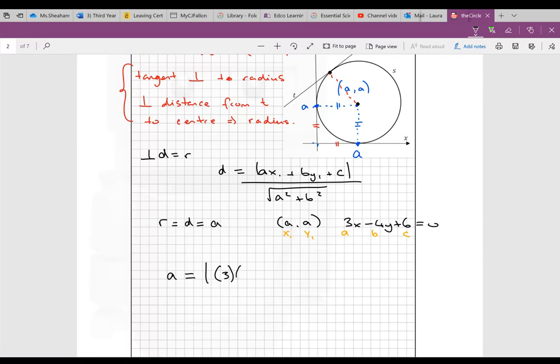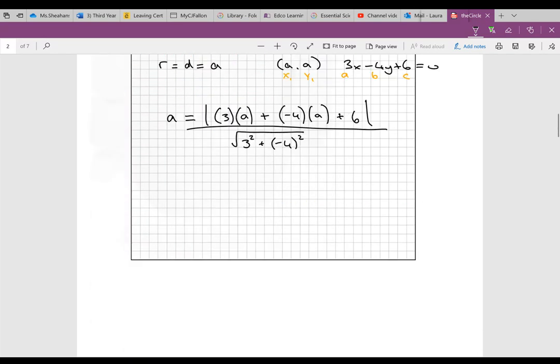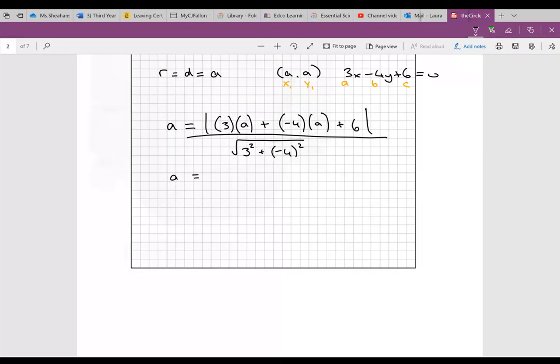So 3 times x1, which is A, plus minus 4 times y1, which again is A, or you can just use x and y, which is fine, plus 6, over the square root of 3 squared plus minus 4 squared. Then you're left with A is equal to 3a minus 4a plus 6.